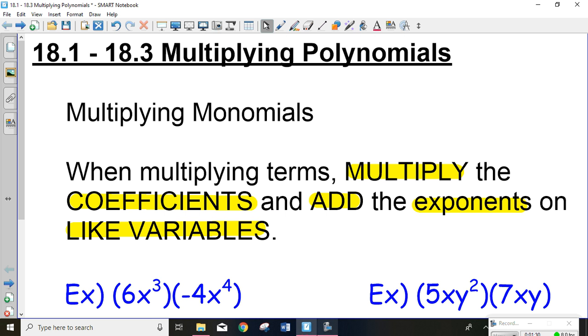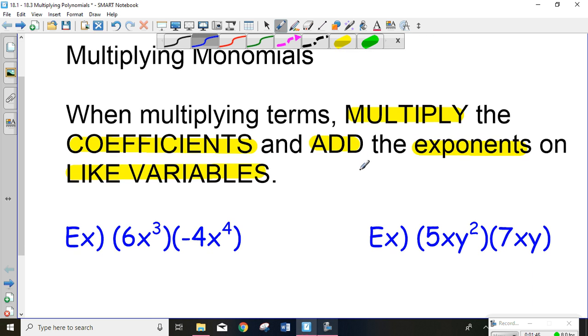So if I have multiple variables, if I have x's and y's in the problem, then I just add the exponents on the x's and I add the exponents on the y's. So in this first example, if I had 6x cubed times the negative 4x to the 4th, I'm going to just multiply my coefficients, which are the positive 6 and the negative 4.